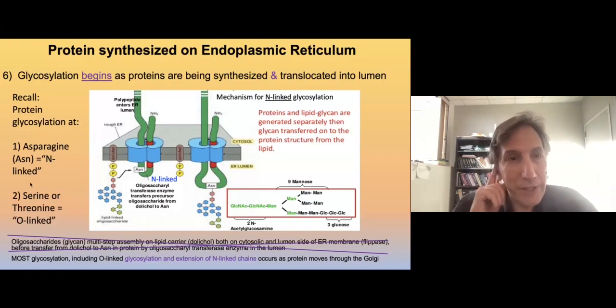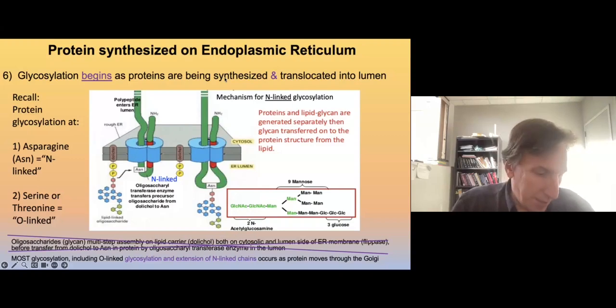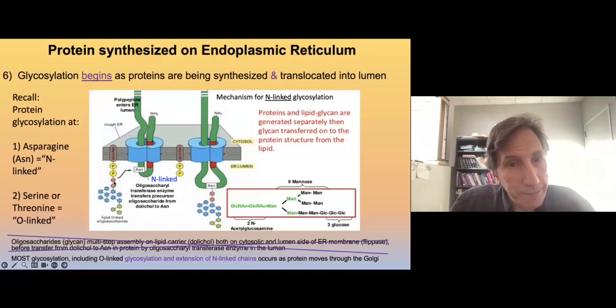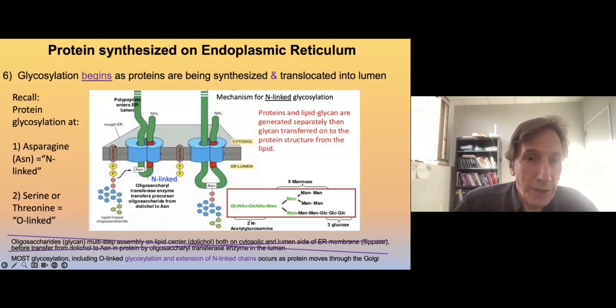It's an interesting mechanism how this happens. The oligosaccharide is built on a lipid called dolichol. This is just a lipid in the membrane. It's got a head group that's pyrophosphate, two phosphates, and then sugars get added to the second phosphate.